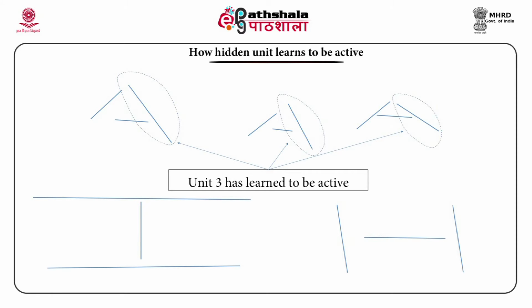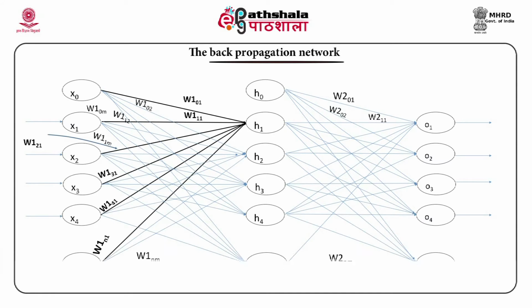Now, let us look at this backpropagation network. It is depicted here with the dark bold-faced lines and the weights. This is only an extension of what we have seen in the earlier module. We have x0 to xn as input. The n value depends on the features that you take from the input. We have already seen that.